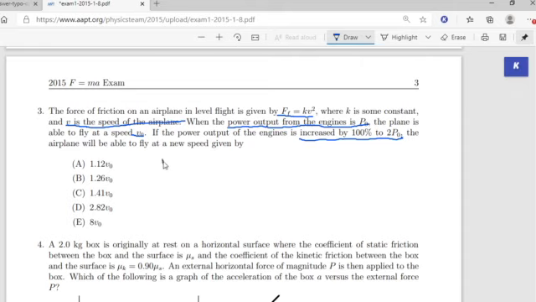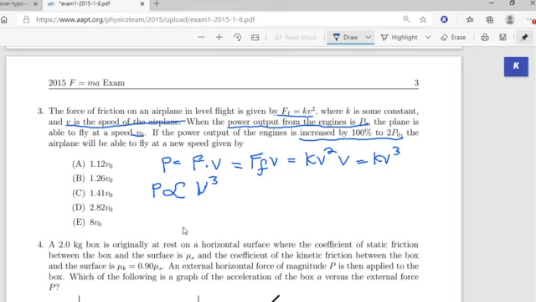Well, the formula for power is force times velocity. And in this case, they already gave us the force, which is friction. They said that was kv squared, times velocity would be kv cubed. So we know that the power is directly proportional to v cubed, since k is constant, as they said right here.